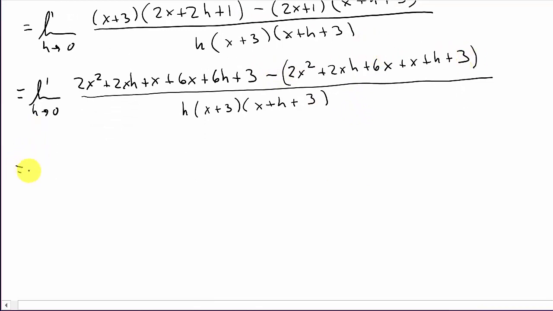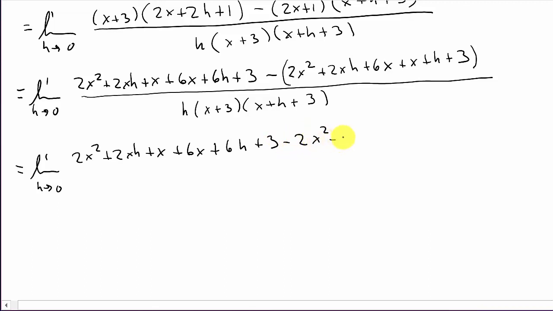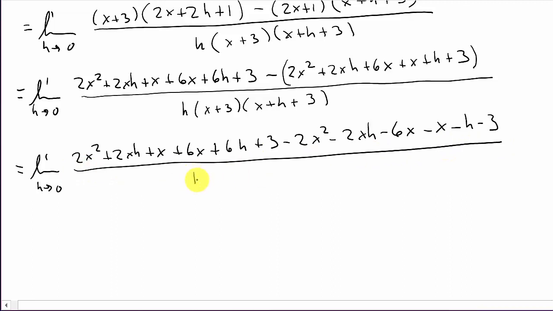And so that is equal to limit as h goes to 0, 2x squared plus 2xh plus x plus 6x plus 6h plus 3 minus 2x squared minus 2xh minus 6x minus x minus h minus 3. All that over h times x plus 3 times x plus h plus 3.